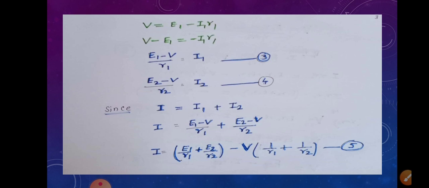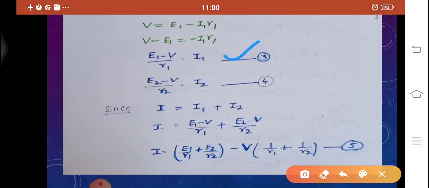So equation 1, V equals E1 minus I1R1. This E1 will go to this side, so I1R1 equals E1 minus V, which gives I1 equals E1 minus V upon R1, and this is I2 with the same consideration: I2 equals E2 minus V upon R2.